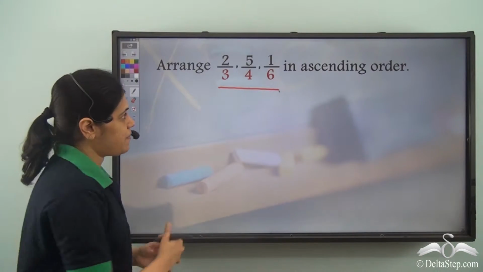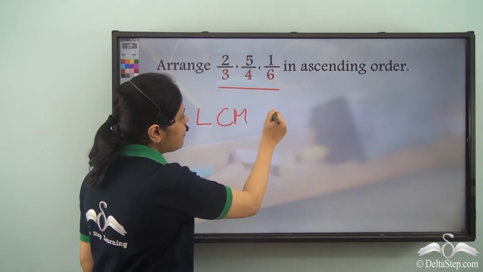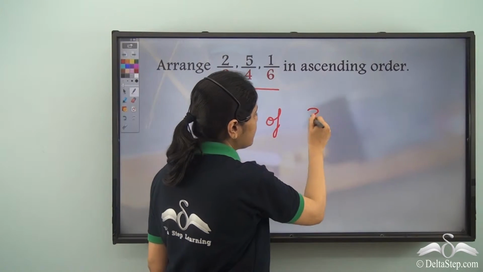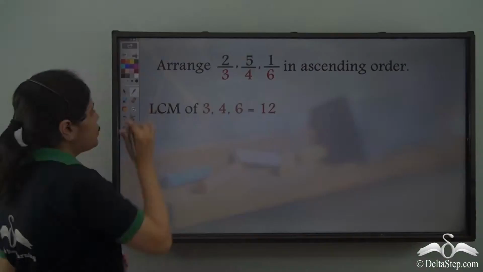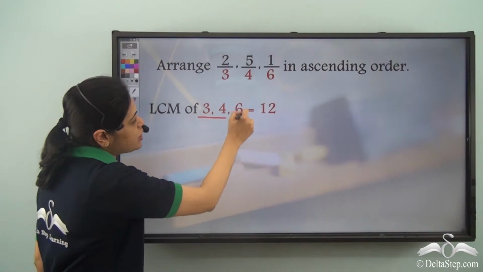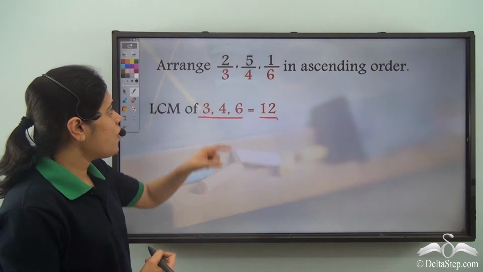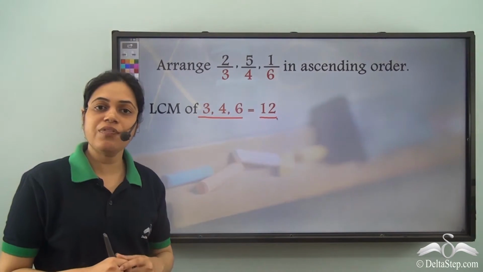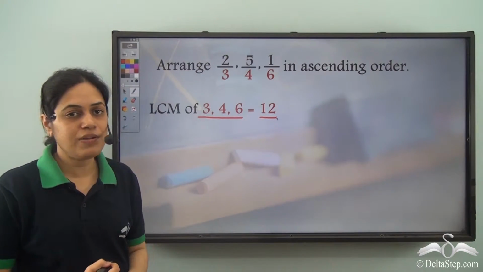So the first step is that I need to find the LCM of 3, 4 and 6. Now the LCM of 3, 4 and 6, which are the denominators, is 12. Now I need to have equivalent fractions of these fractions with denominator as 12.